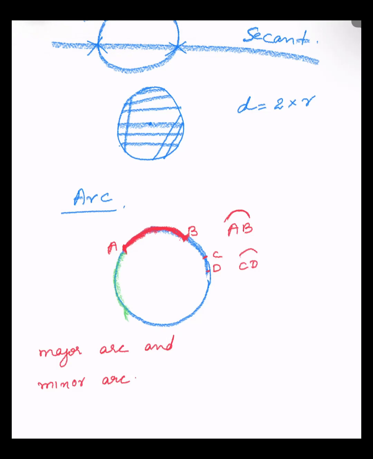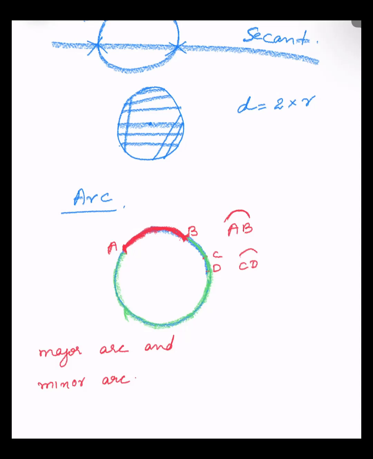One way is how I have marked using red color. The other way is how I am marking using the green color. I can reach from A to B in two different ways, right? One is the path followed by red color, and the other is the path followed by green color.